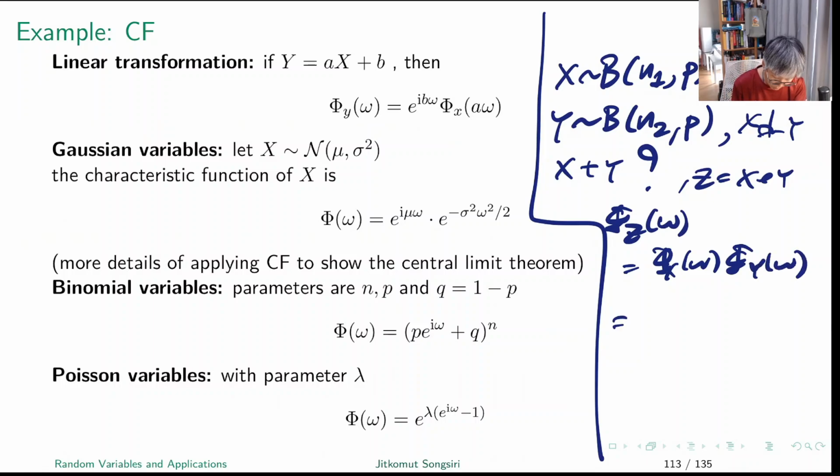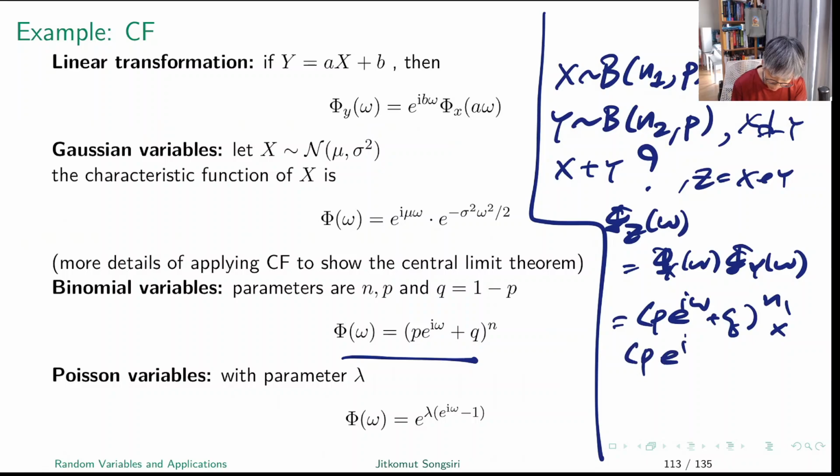Because we can make use of the results here, phi X is (p e^{iω} + q)^{n1}, times (p e^{iω} + q)^{n2}. This is for Y. But because they have the same base, you can just sum the exponents.